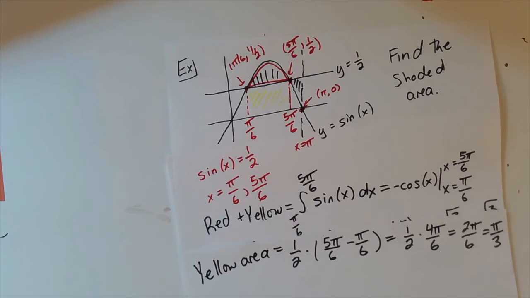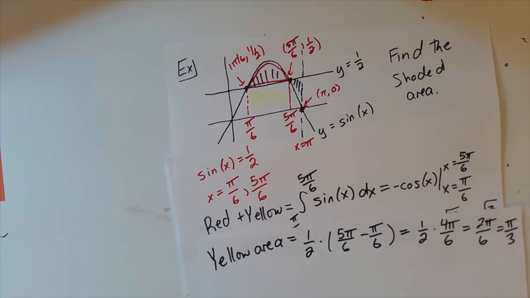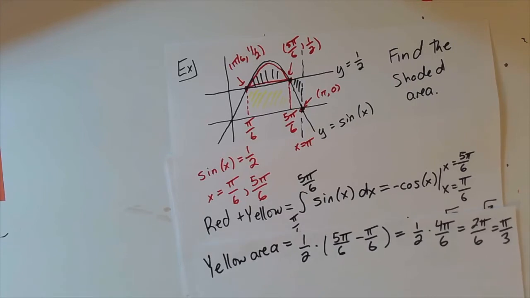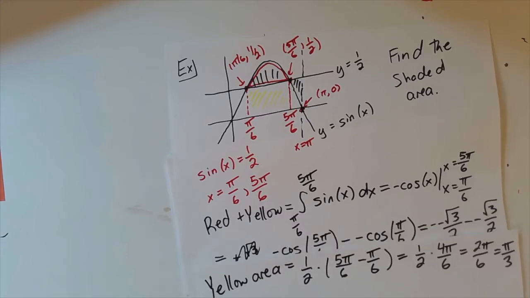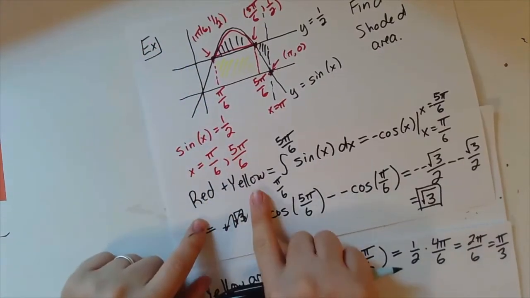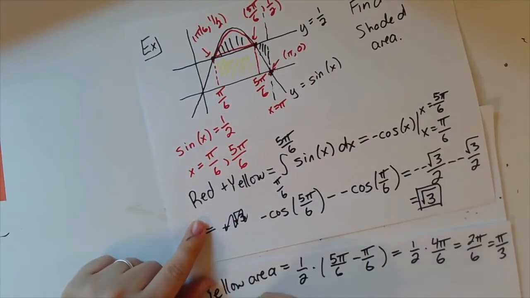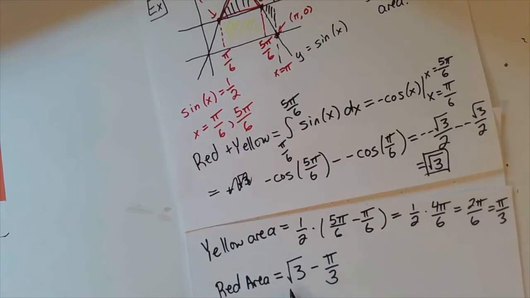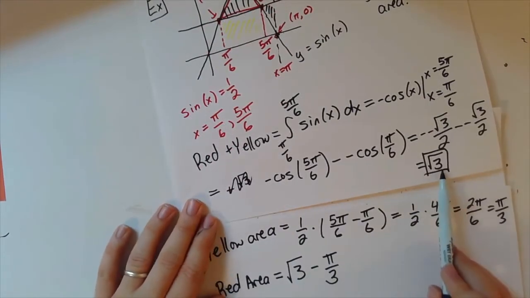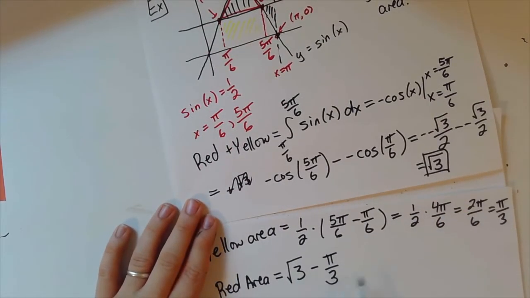And so that lets us solve for the red area. Namely, the red area is going to be these two together minus the yellow area. So the red area is going to be the square root of 3 minus pi over 3.